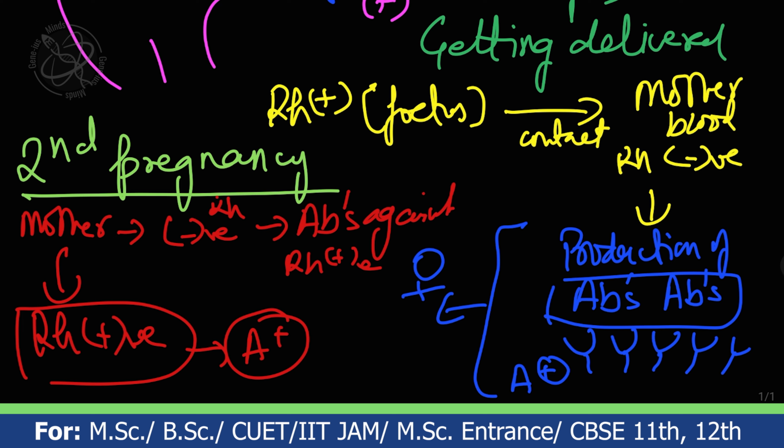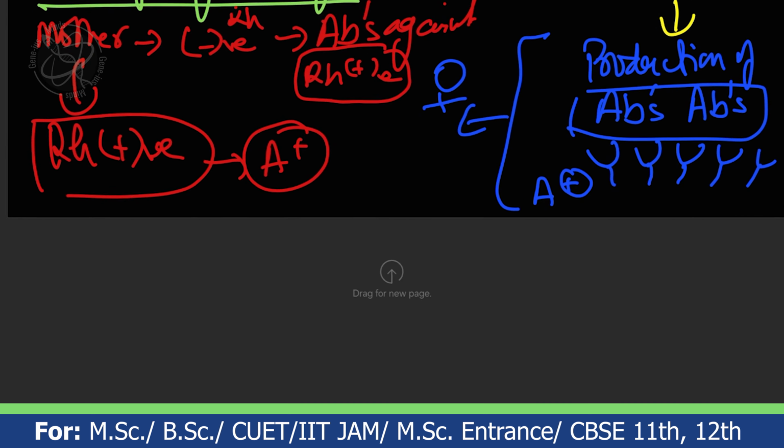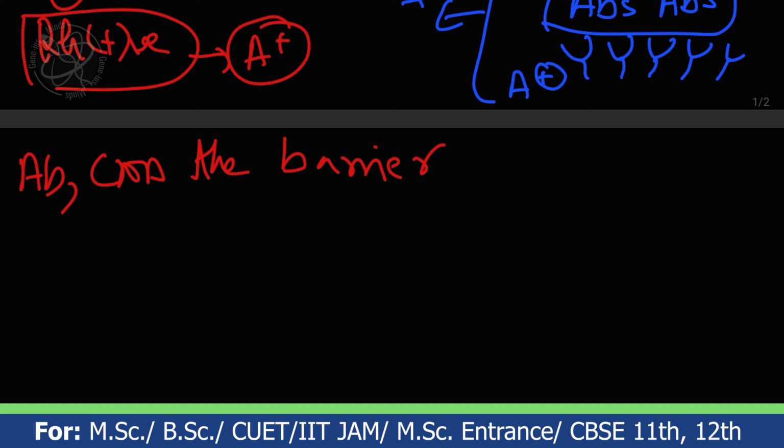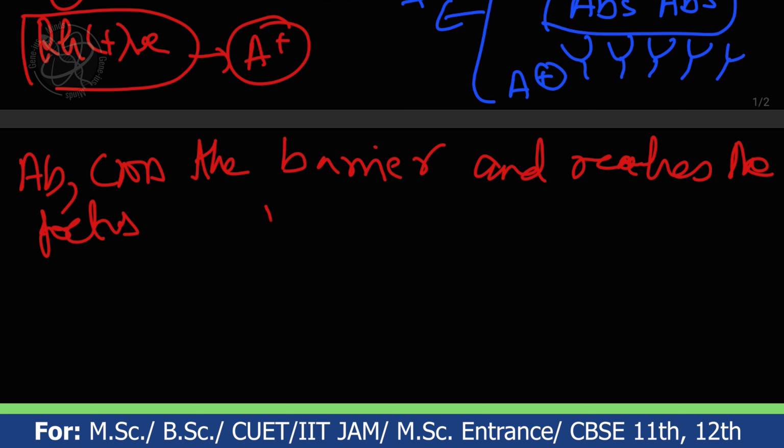During the transportation of material or the exchange of nutrients from the mother's to the fetus's body, there will be these RH antibodies. What are they going to do? They are going to cross the barrier. This antibody from the mother crosses the barrier and reaches the fetus.